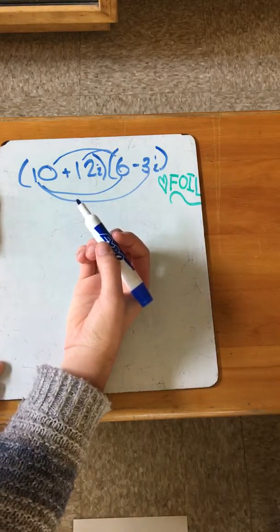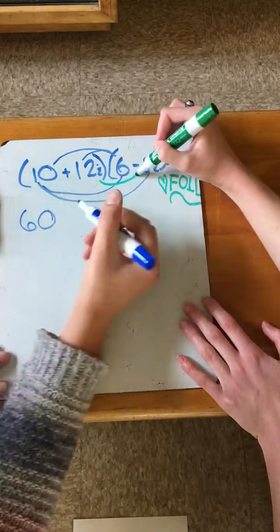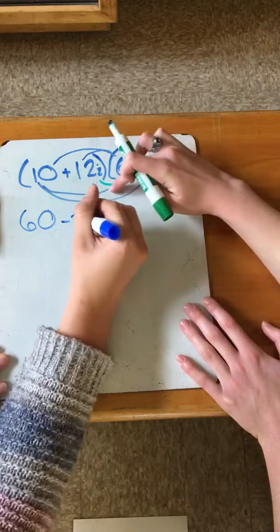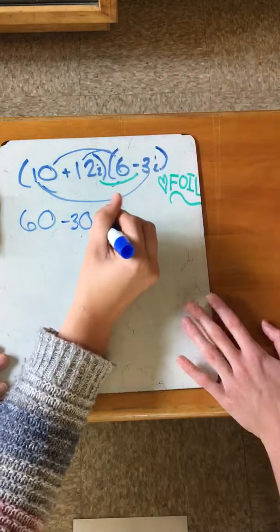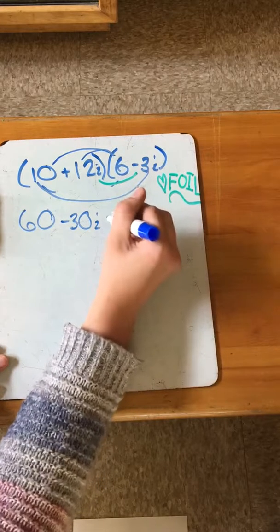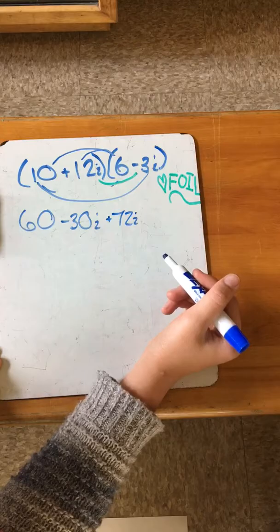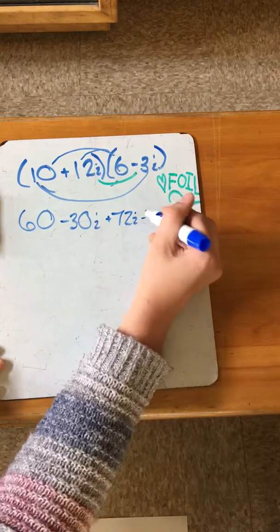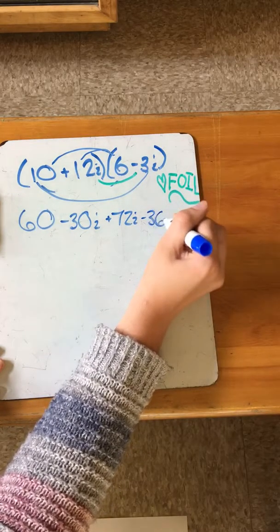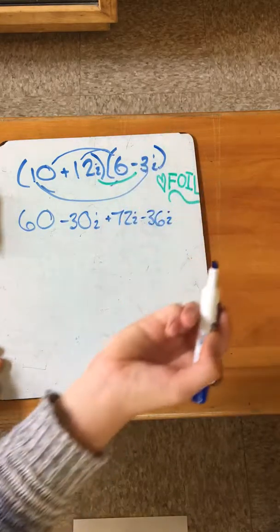So this is going to end up being 60 minus 30i plus 72i minus 36i squared, because you're multiplying i together.